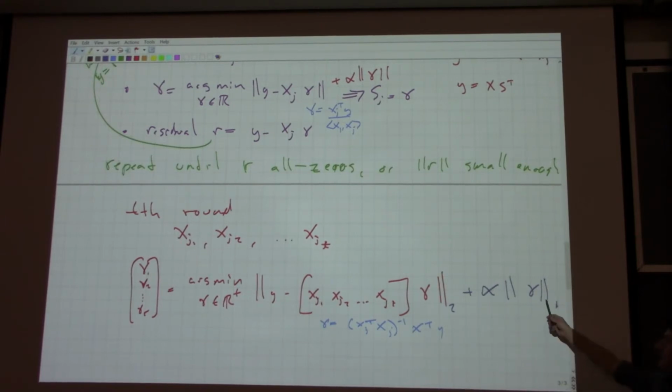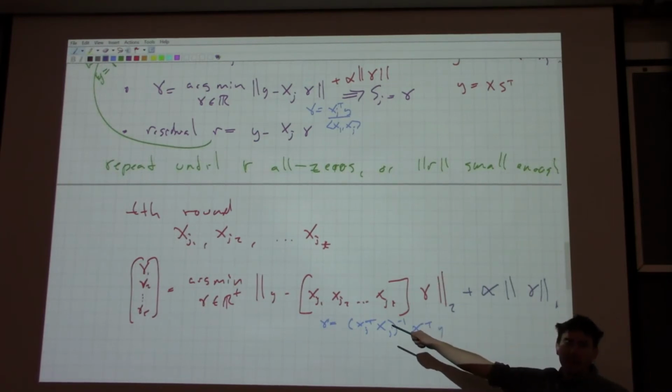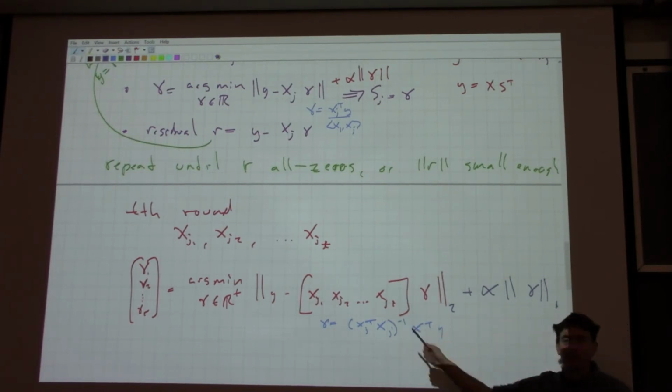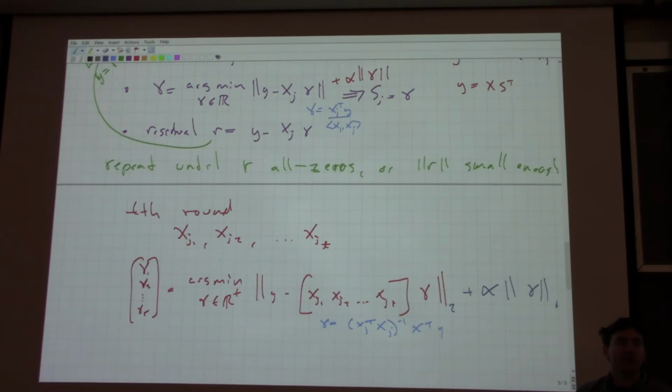It turns out that if you use the 1 norm here, and we'll talk about this on Monday, this will bias towards a sparse solution for gamma. So it biases towards things where some of the gammas are going to be 0 if I can set them to 0. So even though I chose some of these columns, maybe I want to go back and say, I didn't really need that column. And so if I use this term here, I'm going to tend to solve for values of gamma where some I'm going to replace with 0 if I shouldn't have chosen them in the first place.